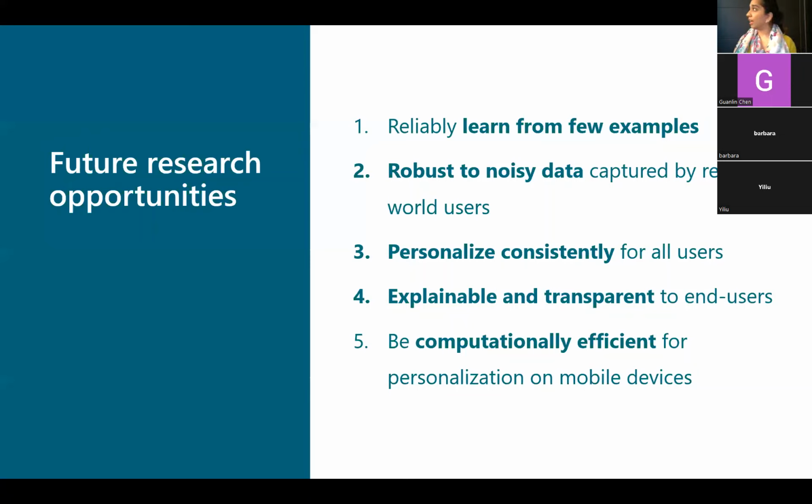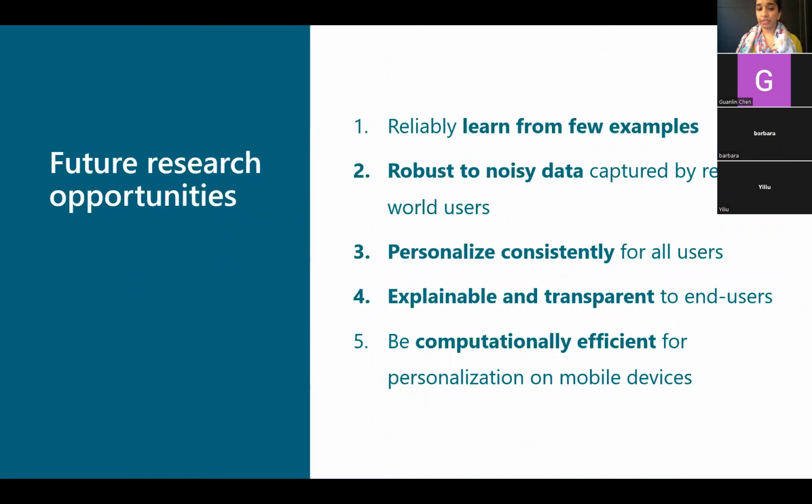Recognizers must be able to reliably learn from just a few examples per object. Second is robustness, where recognizers must be robust to noisy data captured by real-world users. And third is consistency, where each user will have a different set of objects captured in a different set of conditions. Recognizers must personalize consistently across all these users.